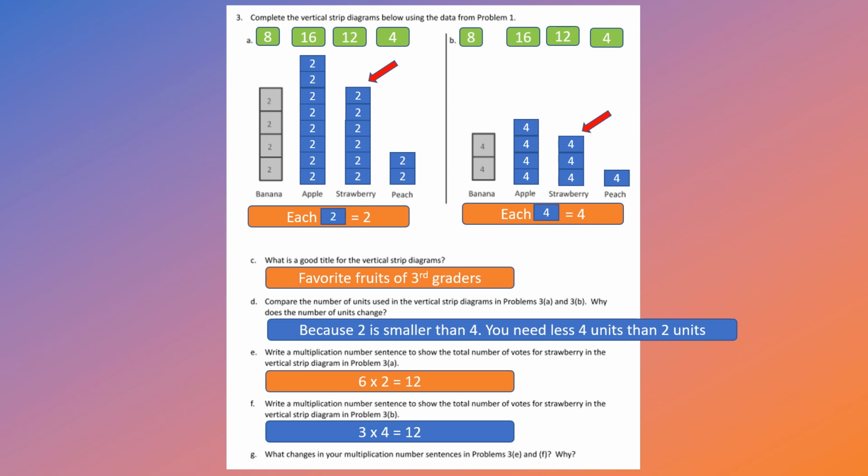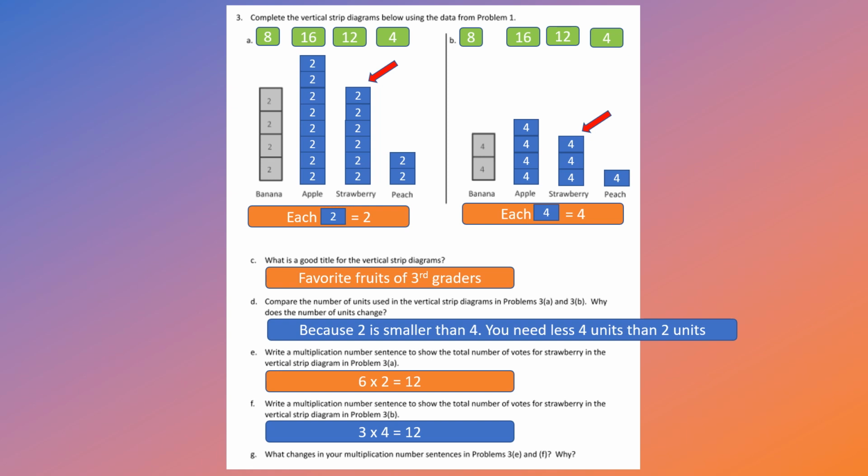Moving on to question G. Question G asks, what changes in your multiplication number sentences in problems 3E and 3F? And why? Well, what changes? Now, let's first think about the parts of a multiplication sentence. The numbers that you multiply are called the factors. The answer is called the product.